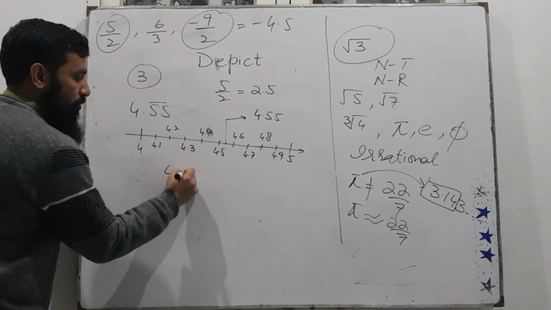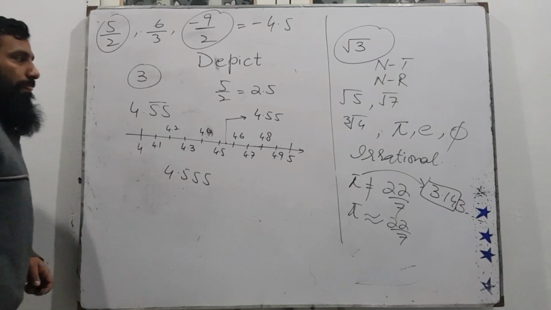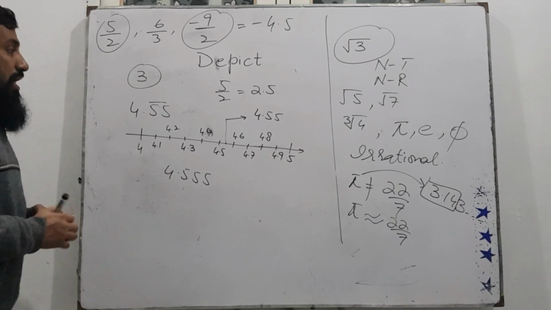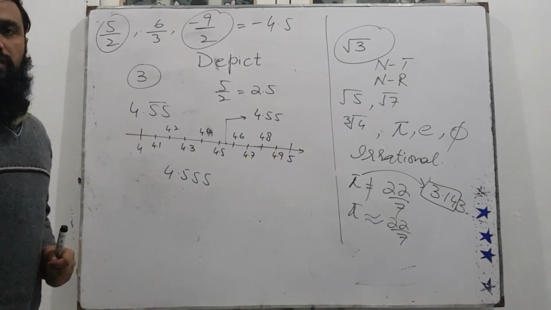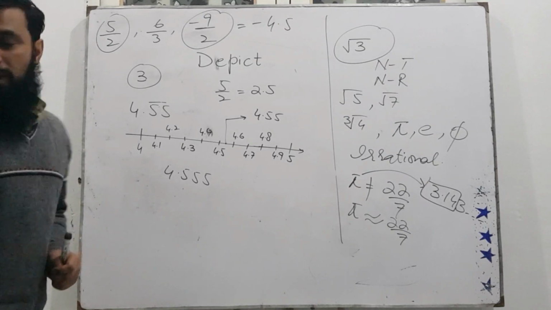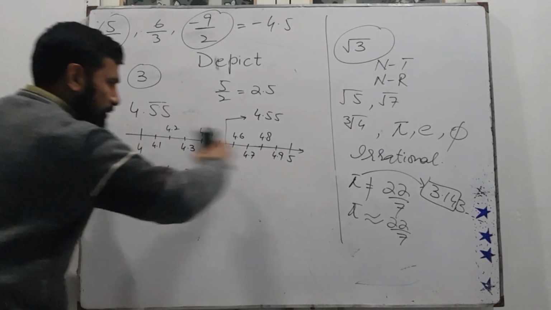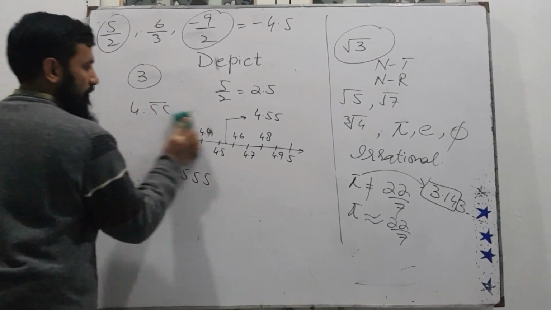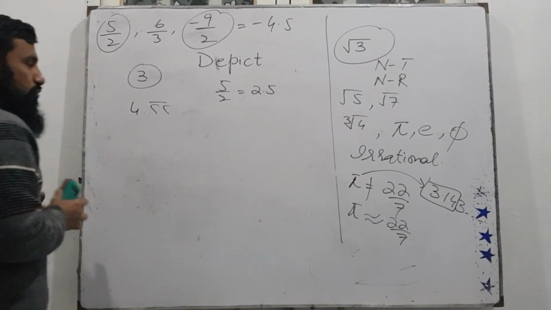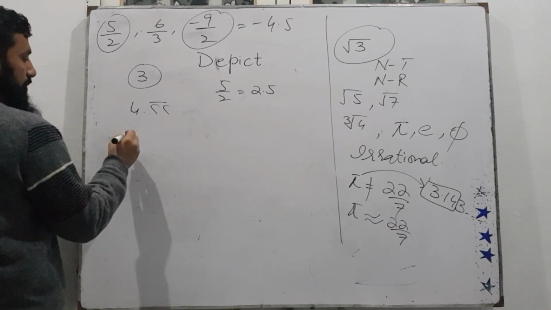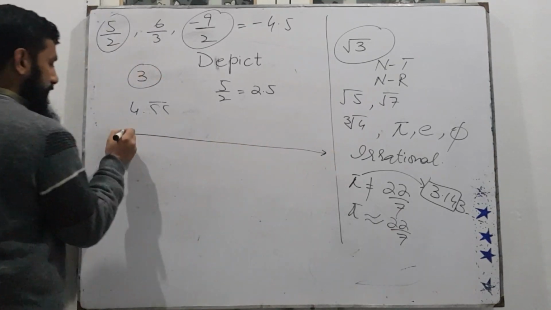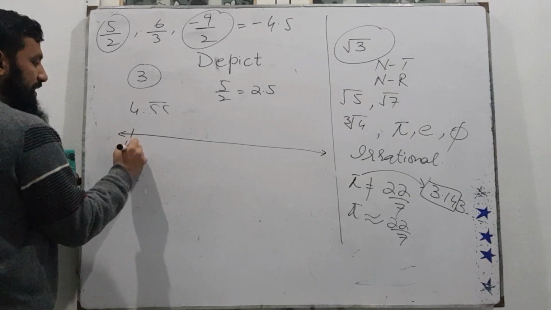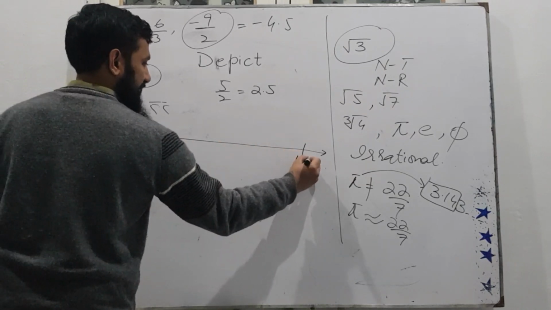The number is 4.555, so we need to zoom in on that particular number line. If I take only these two numbers, one is 4.5 and one is 4.6.